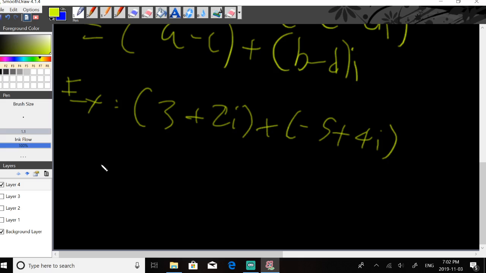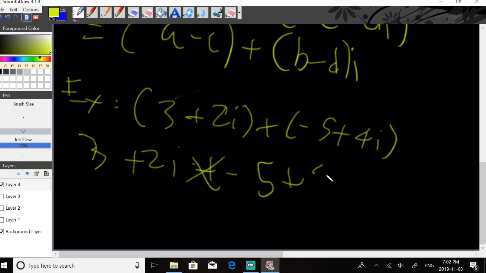This is equal to. So first, what I like to do is get rid of the brackets. So 3 plus 2i, negative 5 plus 4i.